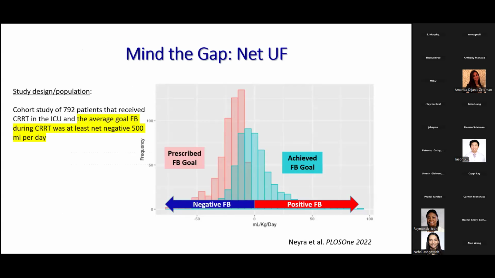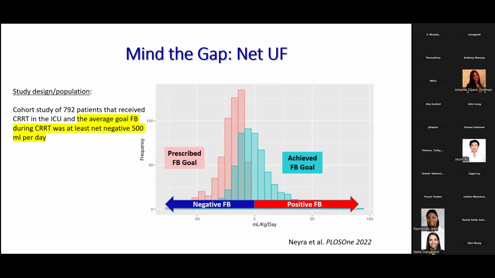For that reason, we were very heavy proponents of minding the gap on your prescription, based on the data from the study I showed you before, for two reasons. A lot of the time, we are below our target on the prescription of fluid removal.